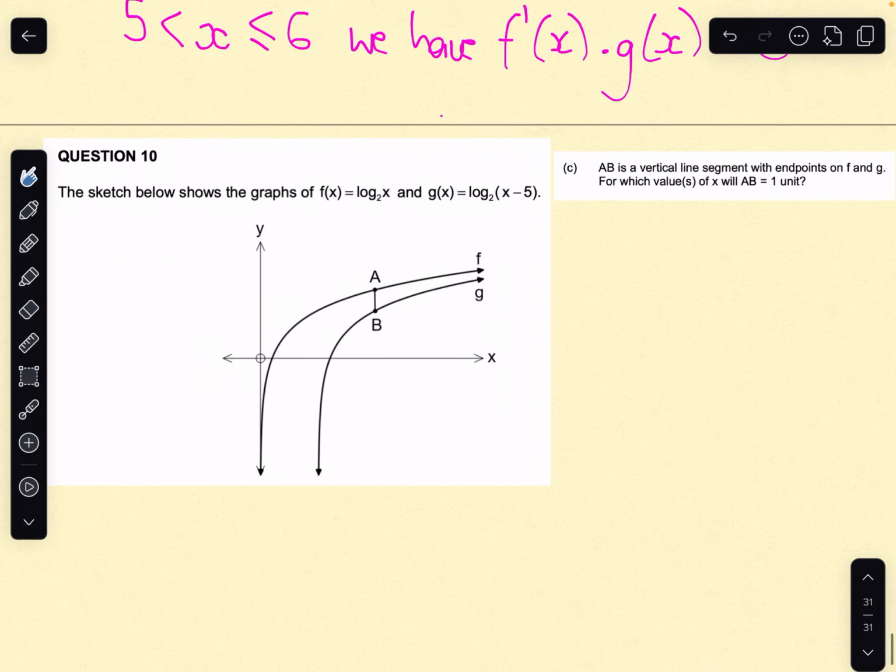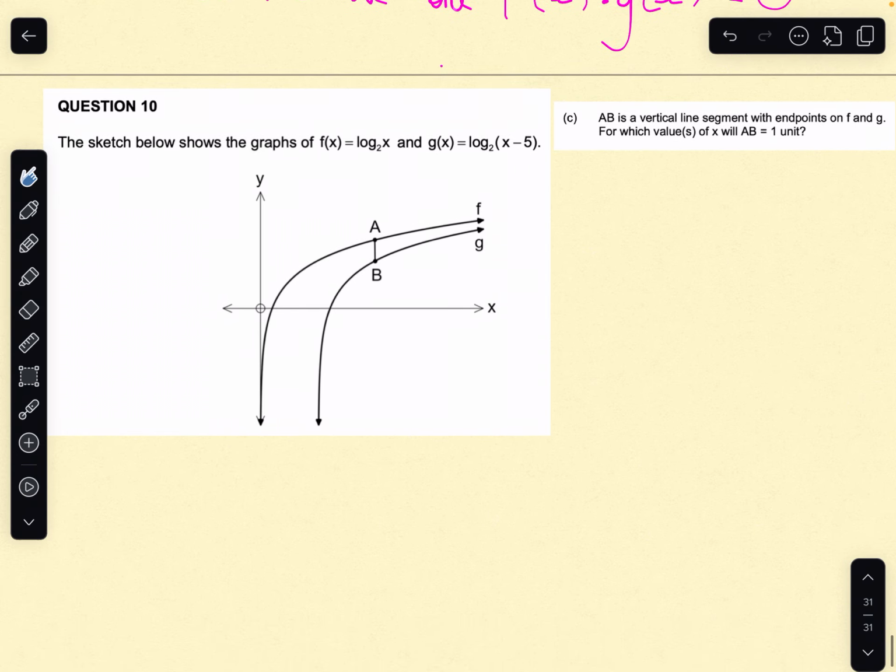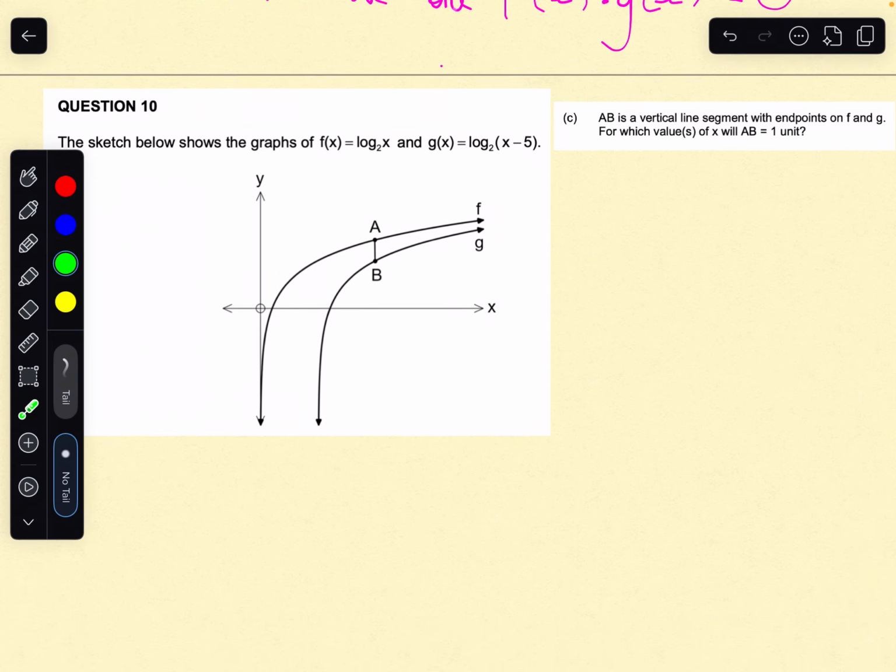Right. Next up, we have AB is a vertical line segment with endpoints on F and G. For which values of x will AB be equal to 1 unit? So what we know is because it's a vertical line segment, suppose the x-coordinate of A is P, the x-coordinate of B will also be P, right?